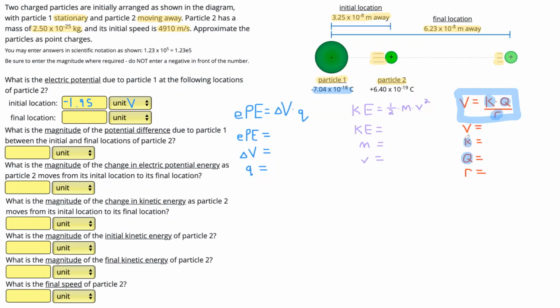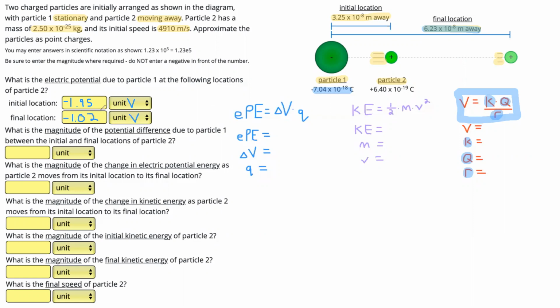K is still going to be 9 times 10 to the 9, that constant. The only difference in this equation is going to be the distance away. Now that's for our final location, which is given here. So you'll put those numbers in and you'll get out your final electric potential at the final location, which is 1.02 volts.